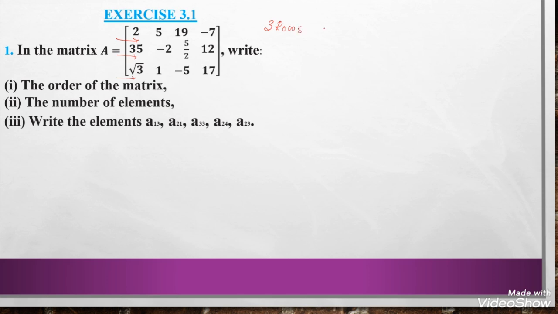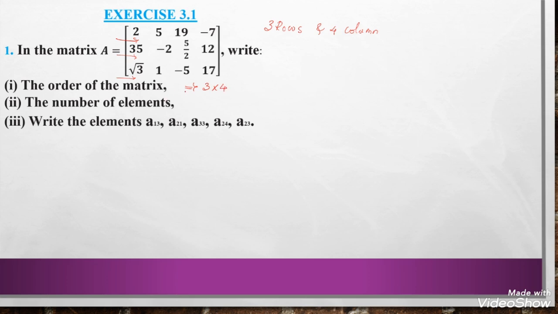And how many columns? One, two, three, four. There are four columns. According to the definition, the order of a matrix is the number of rows cross the number of columns. So the order of the matrix will be 3 cross 4.